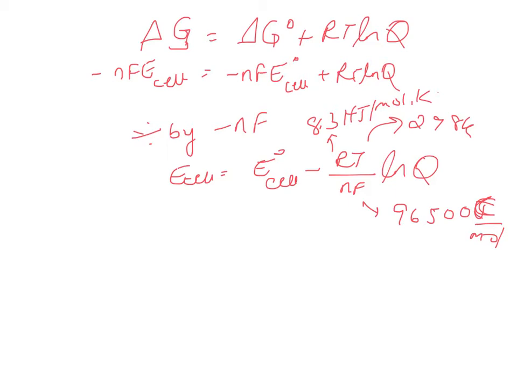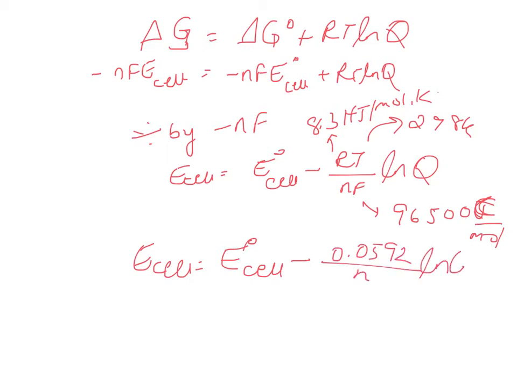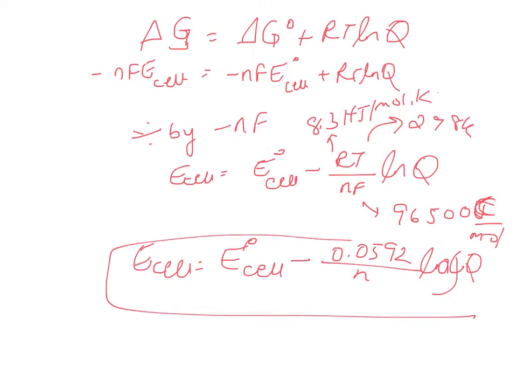If you plug these values in, you would be able to say that E cell is going to be equal to E naught cell minus 0.0592 divided by n log of Q. And that is the Nernst equation.